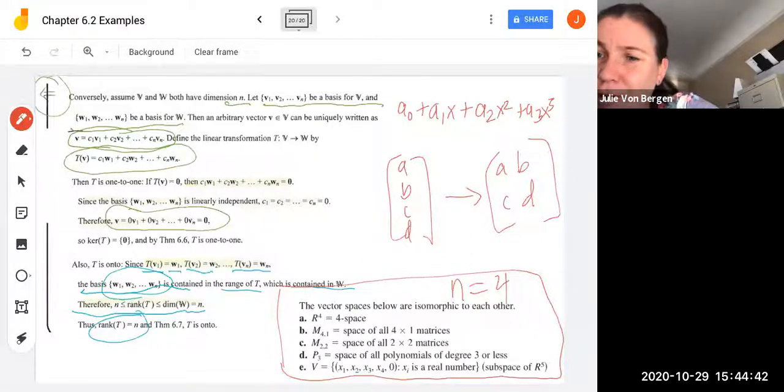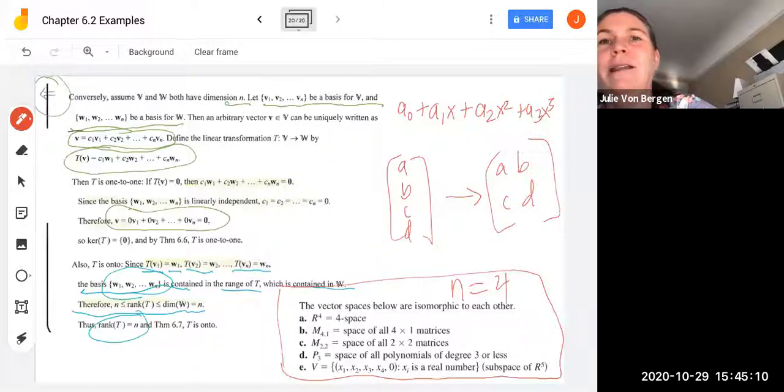And then you could have the vector space of x1, x2, x3, x4, and 0, where each x is a real number. So you could have a subspace of R5. Just like how a plane is a subspace of R3, we can't really picture it because we're in R4 and R5, but you could have a subspace of R5 with 0 in the last entry there.